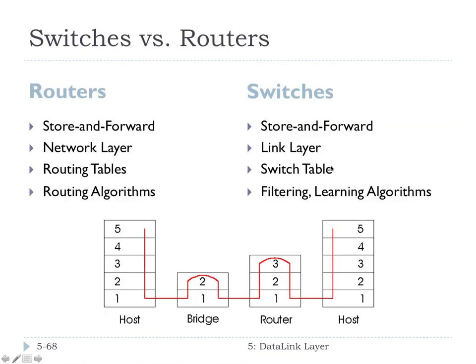So let's compare switches and routers. We talked about routers in the last chapter, and we just talked about switches here. They're both store and forward devices, meaning they accept the whole packet and then they resend it. The big difference here is that routers are network layer devices.